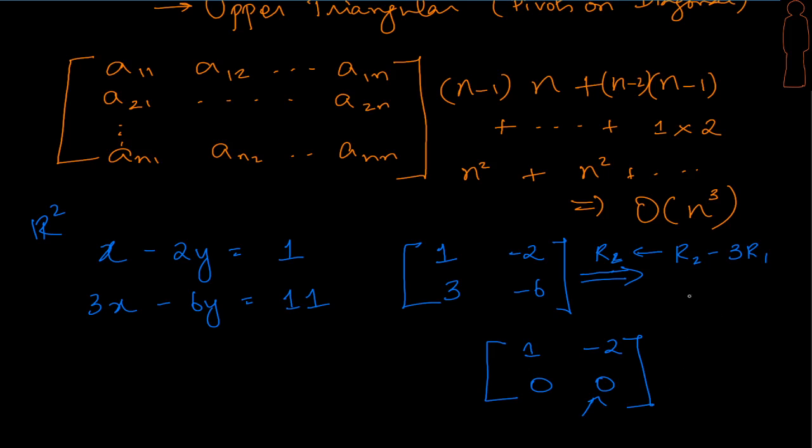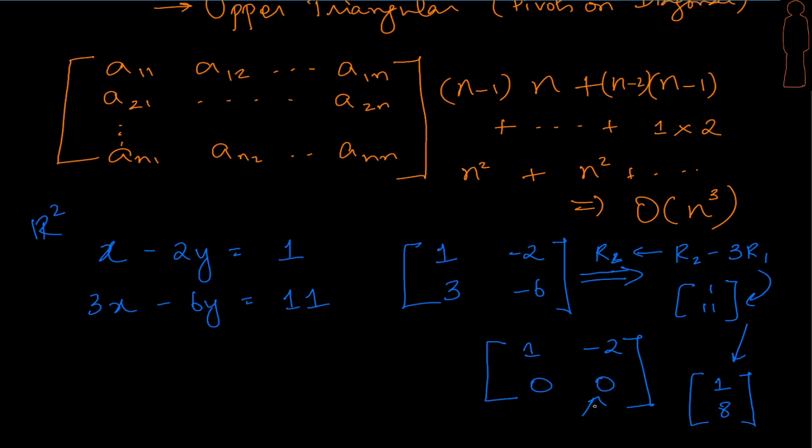Okay, let's try and do this also in the right hand side. Let's perform this operation also on the right hand side. So when I have 1 and 11, and if I perform the same operation here, let's see what we get. So 1 will remain the same, 11 minus thrice this, and that's going to be an 8.